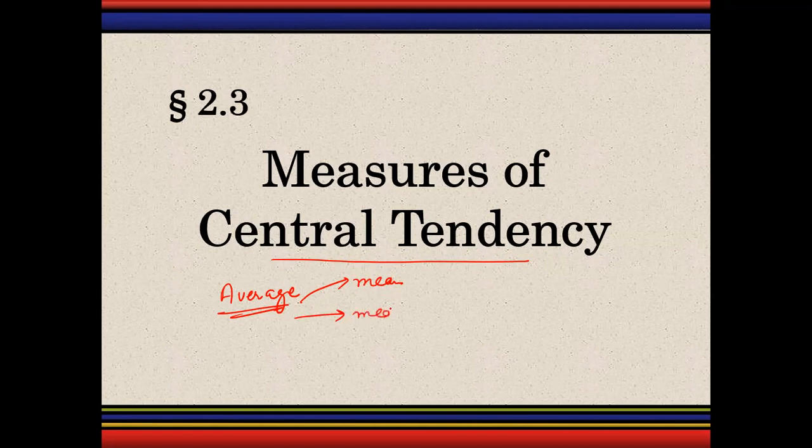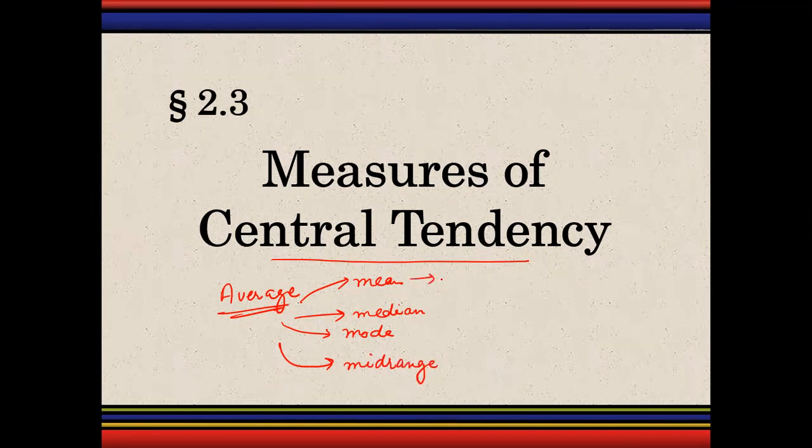Then we have median. Although the method of calculating median is a lot different from mean, it is still another type of average. Then we have mode, and finally we have mid-range. And again, when we talk about mean, we have multiple means.